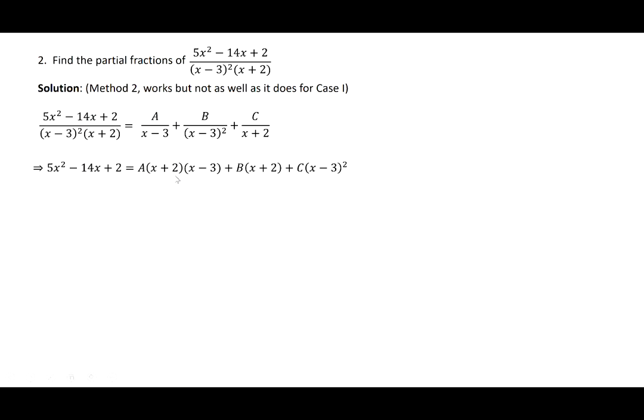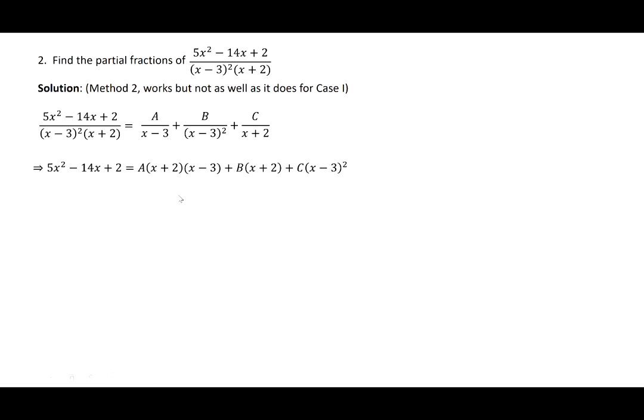Notice there's an x plus 2 that's being multiplied, right? So what about picking x equals -2? Is that a good idea? Yeah, that will cause this first term to go to 0. -2 for x will also luckily make the second term go to 0, the b term. And the only thing we would be left with is c. So we can solve for c.